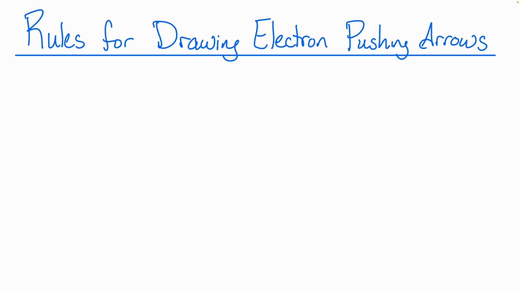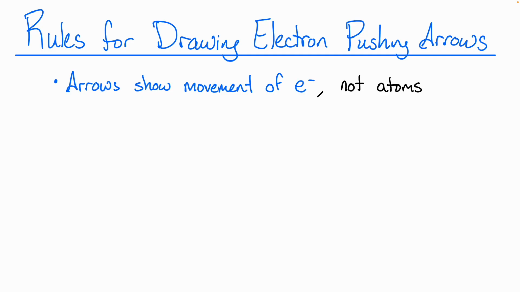Our first rule is really just a reminder that these arrows show the movement of electrons, not atoms.